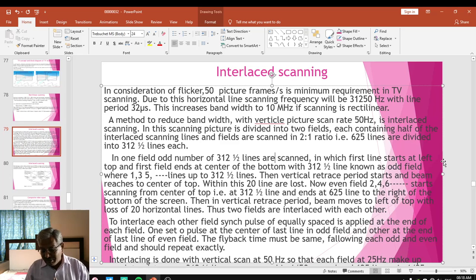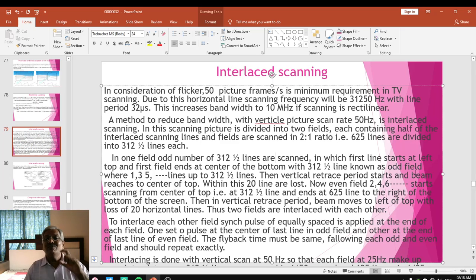Friends, try to remember, in the first field, all odd number of lines are scanned. That means first, third, fifth, seventh, like that up to 312.5 lines. In the next field, only even number of lines are scanned. That is 2, 4, 6 up to 625 lines.